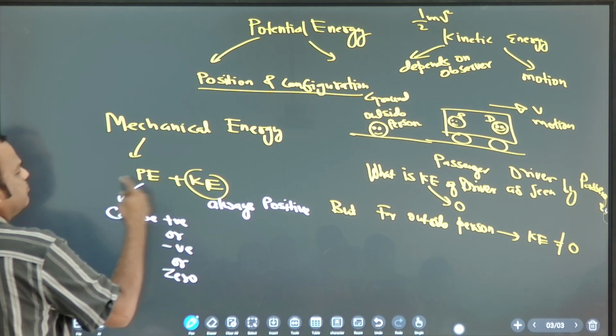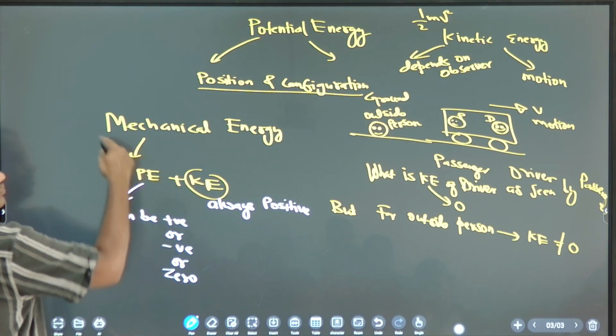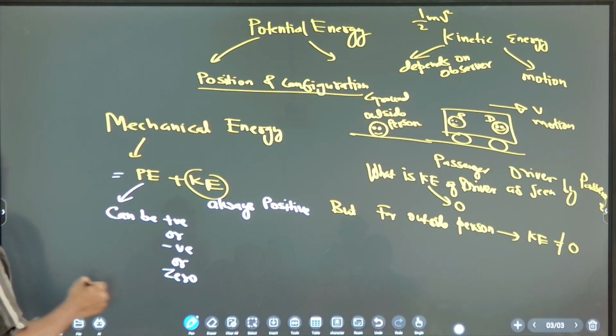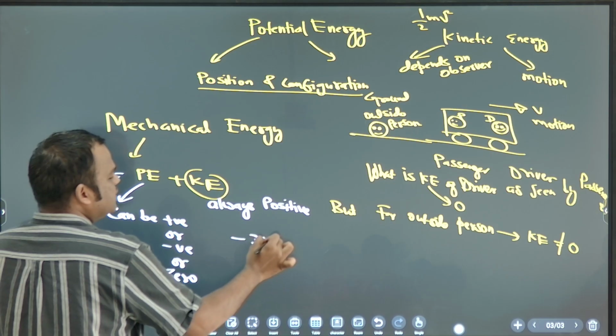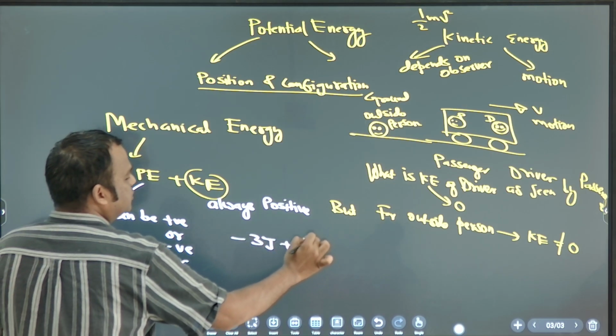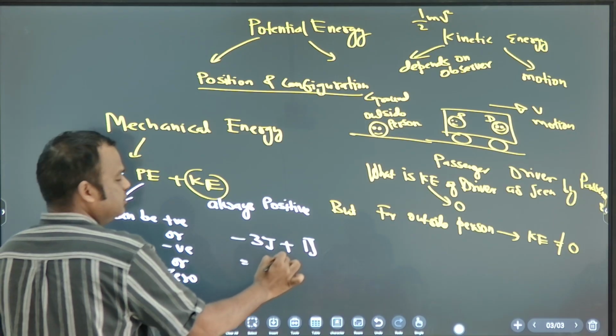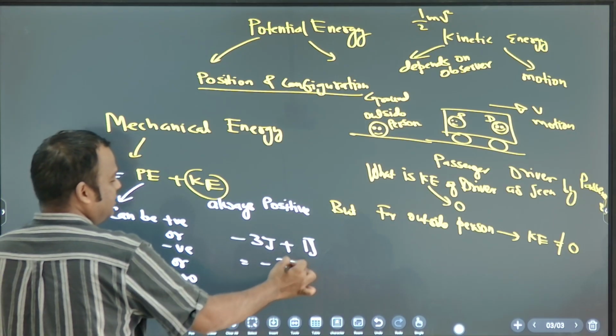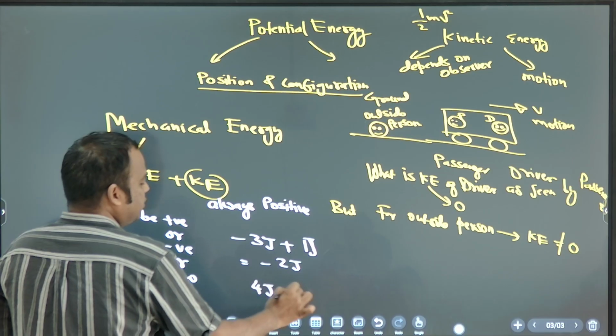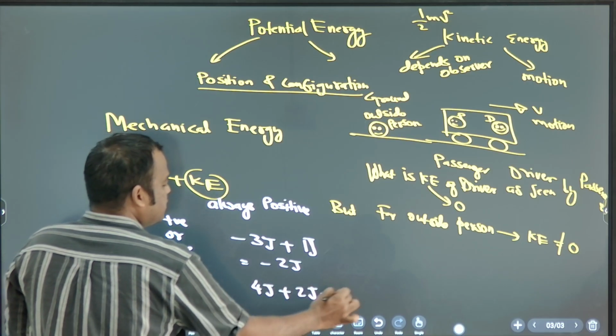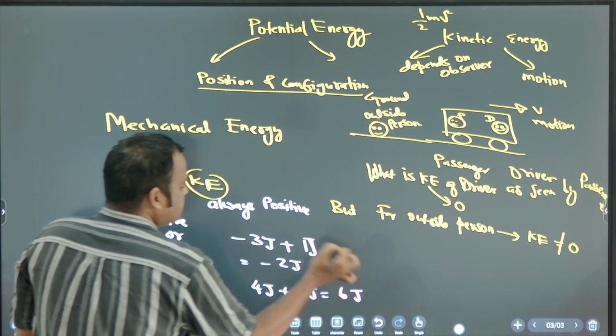And the sum, what is the sum? Mechanical energy. Suppose potential energy is minus 3 joule and kinetic energy is 1 joule. What is the mechanical energy? Minus 2 joule. If potential energy is 4 joule and kinetic energy is 2 joule, the mechanical energy is 6 joule.